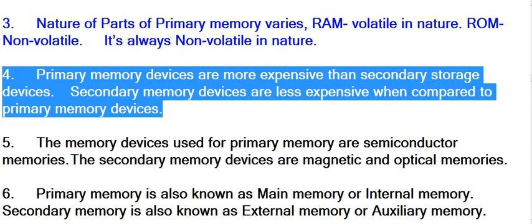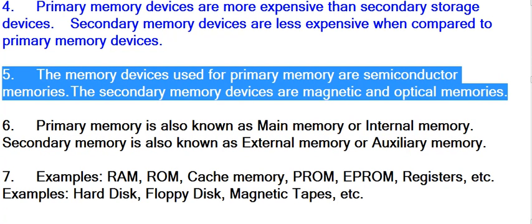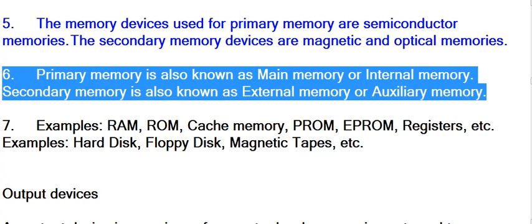4. Primary memory devices are more expensive than secondary storage devices. Secondary memory devices are less expensive when compared to primary memory devices. 5. The memory devices used for primary memory are semiconductor memories. The secondary memory devices are magnetic and optical memories. 6.